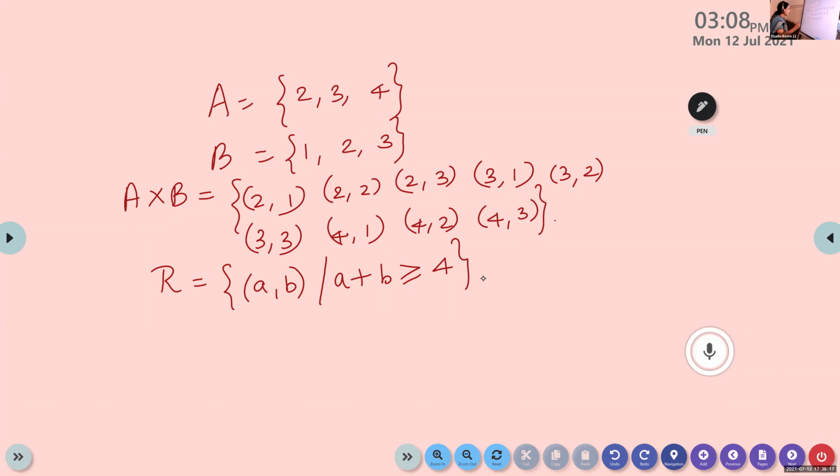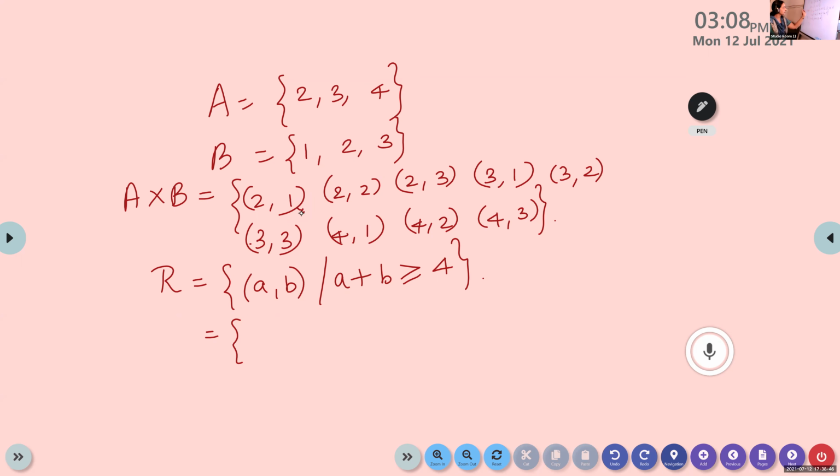So, which are the elements you will get here in R? We are defining a relation R on A cross B as the set of all ordered pairs (a, b), where a plus b is greater than or equal to 4. Which are the possible elements? Will we be able to write (2,1)? 2 plus 1 is 3, isn't it?